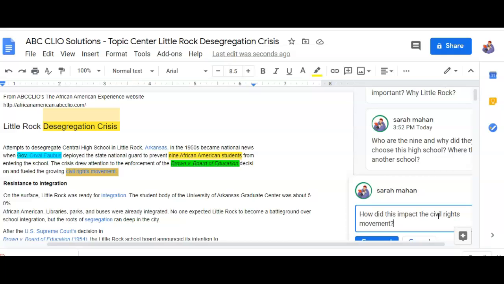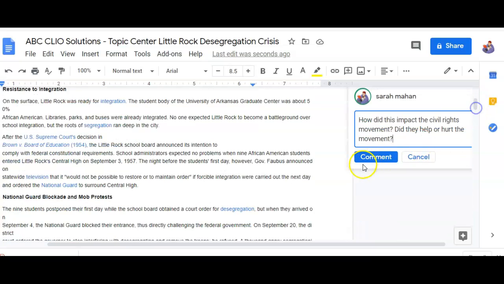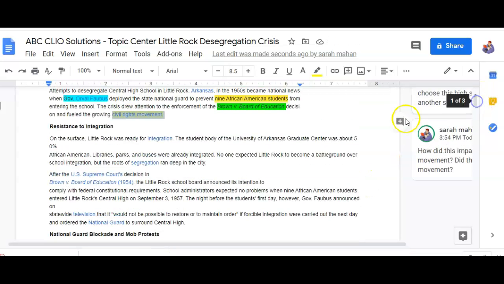How did they further the movement? Or I would say even, did they help or hurt the movement? And then I would put a comment, save it, and go on to the next paragraph.